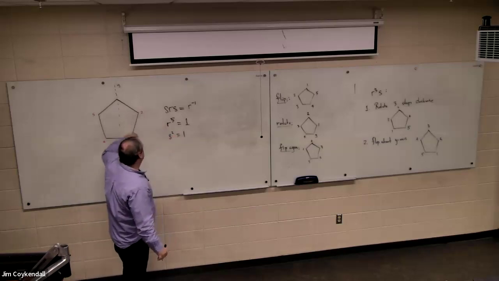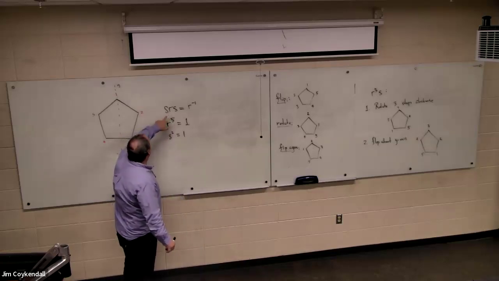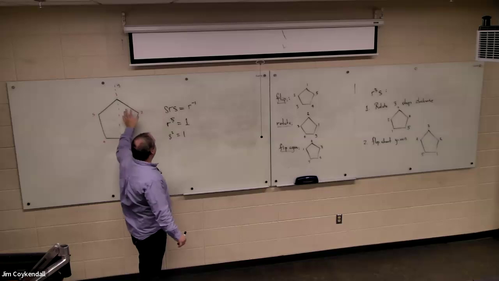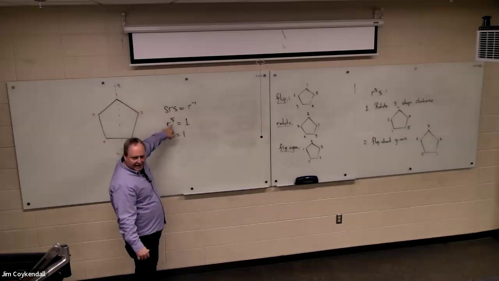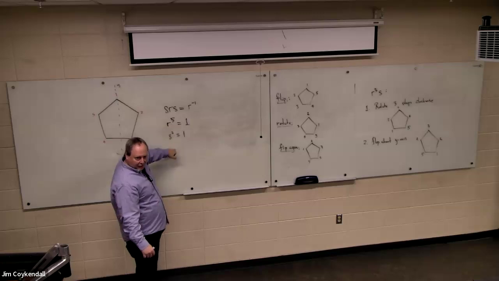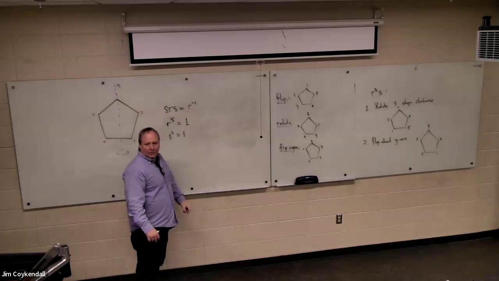You have your basic rotation, R is rotation by 2 pi/5 radians. S is flipped about the y-axis. If you rotate the pentagon 5 times, you get the identity. If you flip twice, you get back to where you started, right? And if you rotate, flip, it's going backwards.